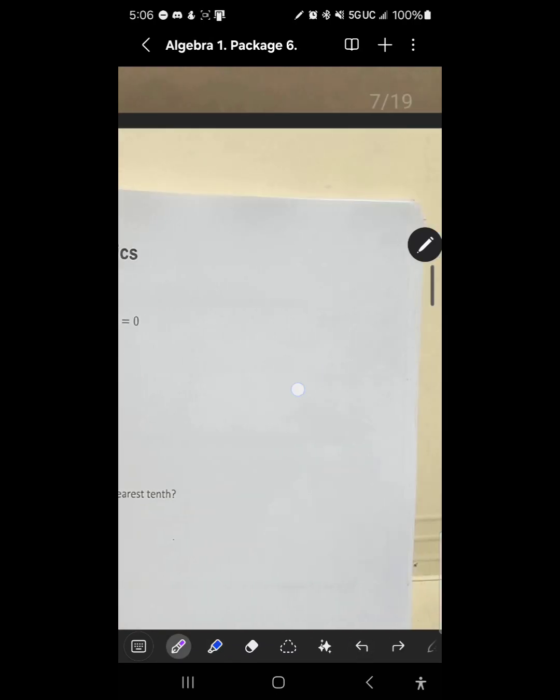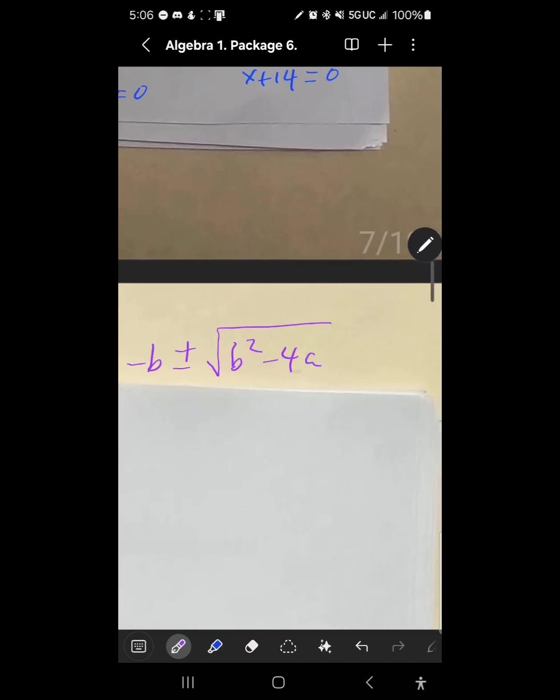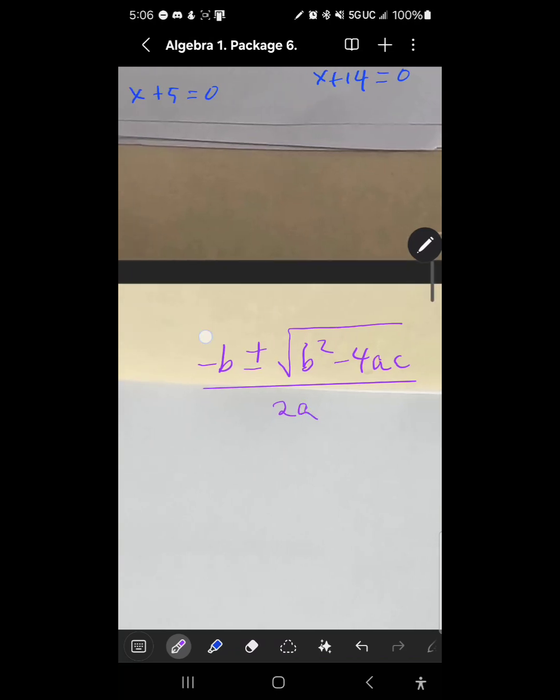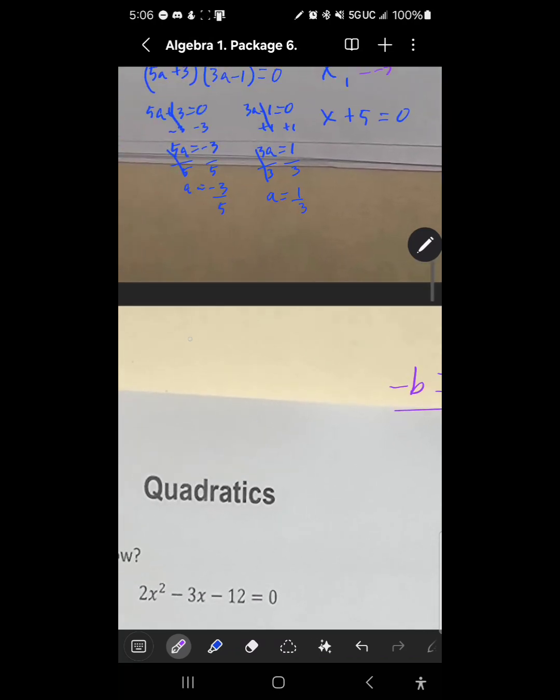Now, the quadratic formula is negative b plus minus square root of b squared minus 4ac over 2a, where, and this is what a, b, and c are going to be.